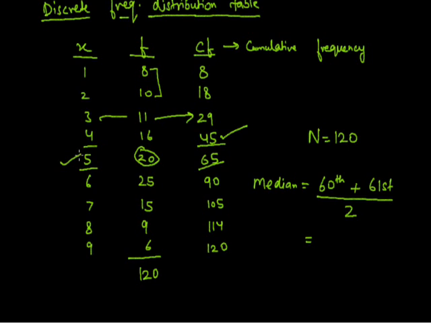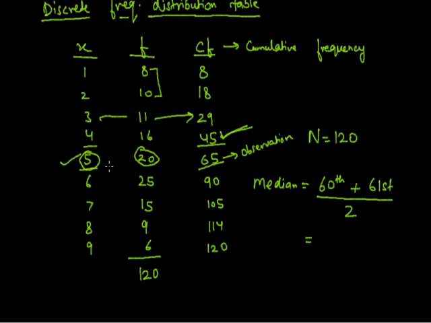So up to 5, the observations make up to 65 observations. So definitely up to 45 observations exist up to 4, and above 45 and up to 65, that is 20 observations, exist for 5.